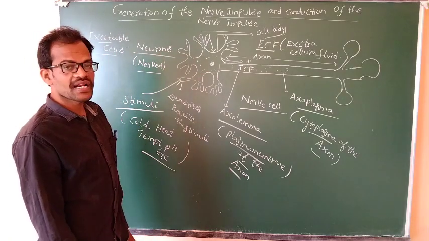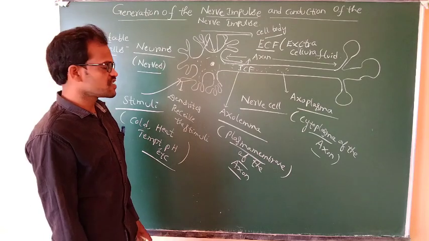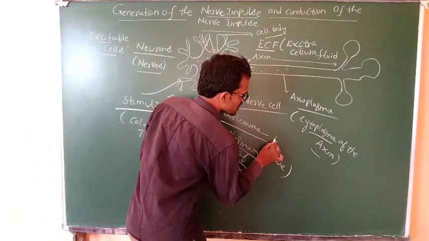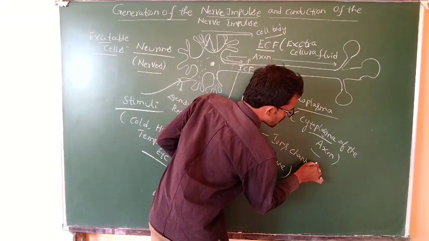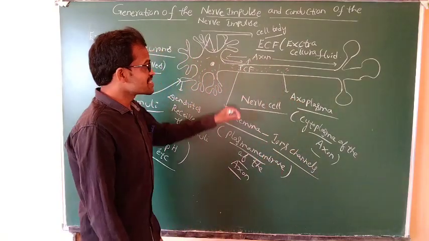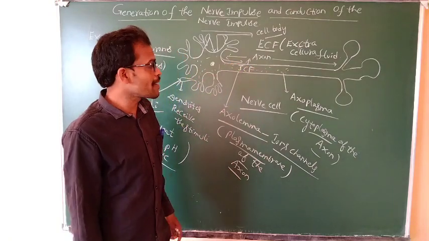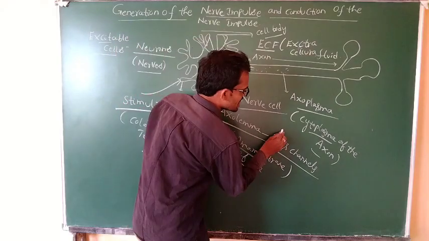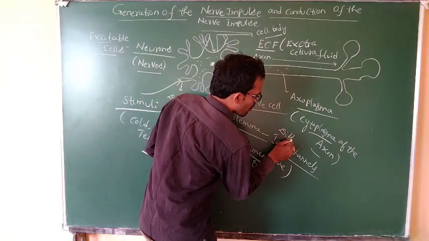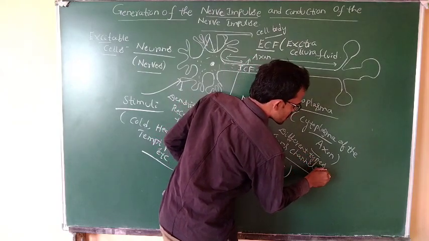This plasma membrane of the axon consists of a number of different types of ion channels.